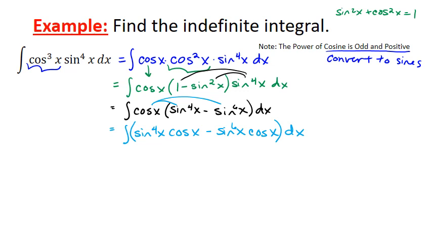Now I can separate these into two separate integrals. So when I do, I have the first integral minus the second integral.